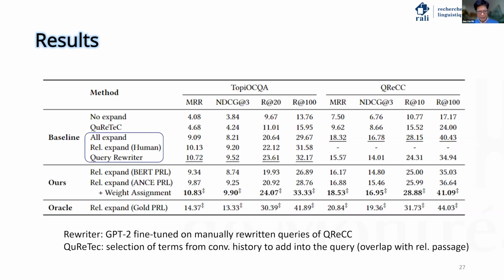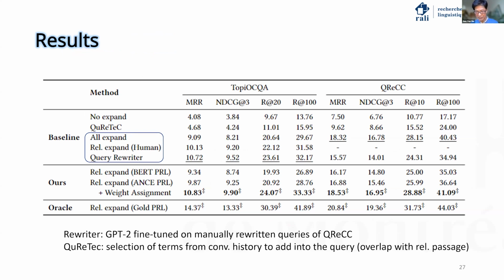Now, about the results. We can compare with some typical baselines: no expansion, and QuReTeC, which is a method trying to select expansion terms from the previous turns. The idea of this method is that we compare the terms in the previous turns with the relevant document to see whether a term appears in the relevant document.